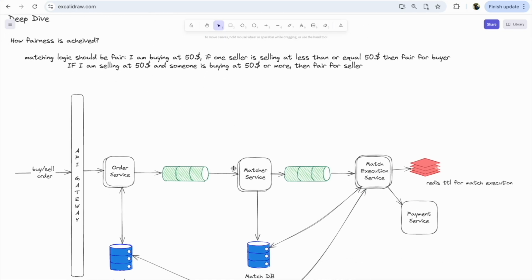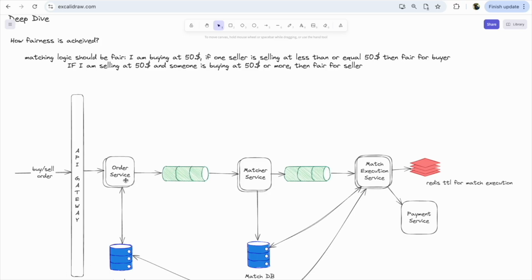We have an order service to take the buy or sell orders, a matcher service to match the buy and sell orders, and a match execution service to actually execute the match. We also have this API gateway, which is responsible for many things like load balancing, authentication, authorization, rate limiting, API routing, etc.